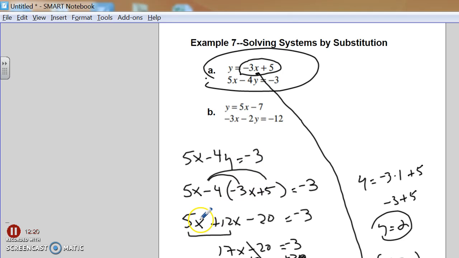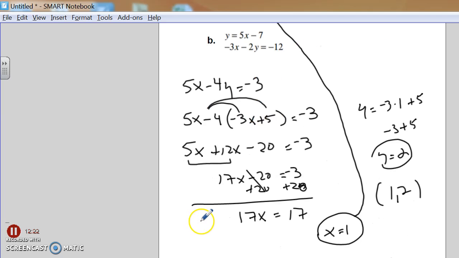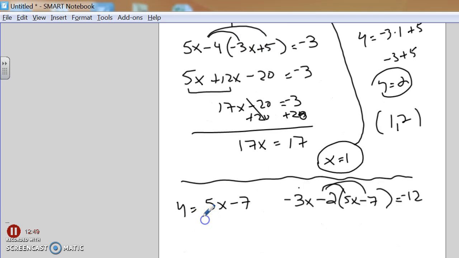So on the second one, we've got part B, y is equal to 5x minus 7. Again, this sets up very nicely because we know what y is. And wherever I see a y in the second equation, I'm substituting 5x minus 7. And then I'm going to solve. So I get negative 3x minus 10x plus 14 equals negative 12.